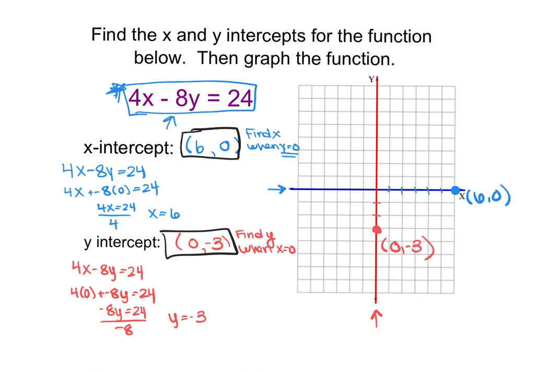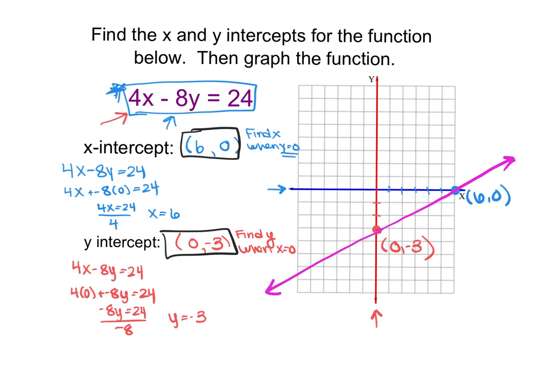Now, these are 2 points that are important to my line. They are the x-intercept and the y-intercept of my line that is formed by this equation. So what I can do at this point is I can connect these 2 points using a ruler, and then I can draw my line fully extending it through both sides of the graph.